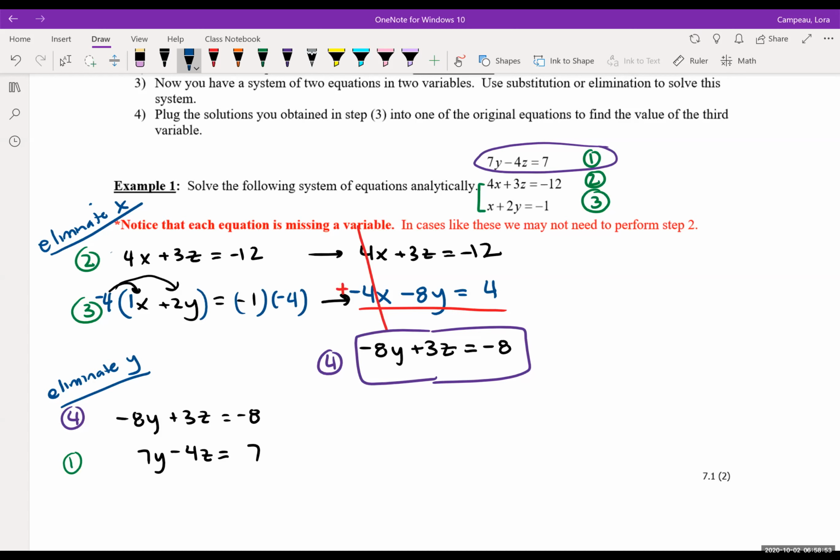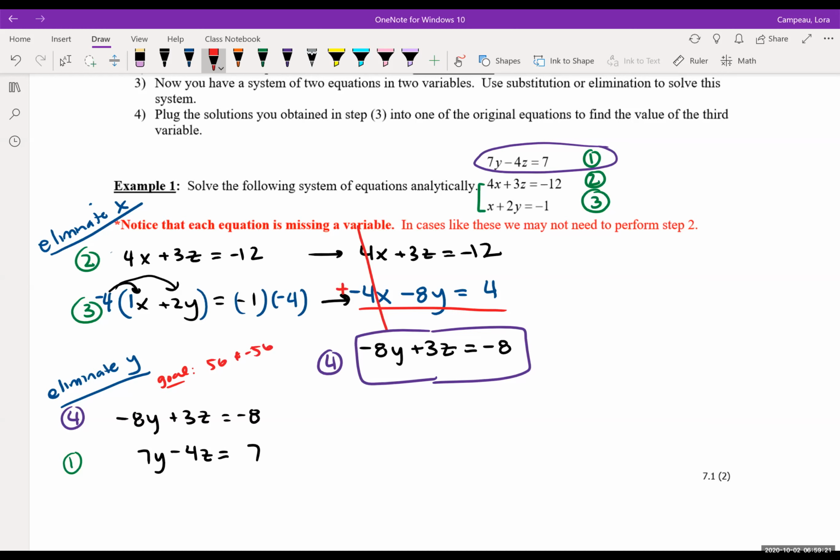And if I eliminate y, I have to find a number that both 8 and 7 go into. With a little bit of number crunching, 8 and 7 both go into, I believe, 56. So it gets a little bit high, but we have a calculator to help us out. Remember the goal is to get the coefficients to be positive 56 and negative 56.